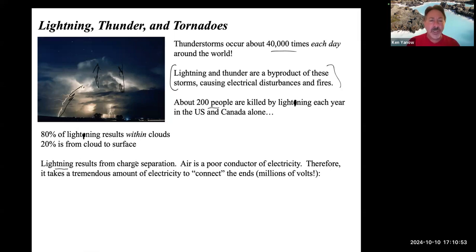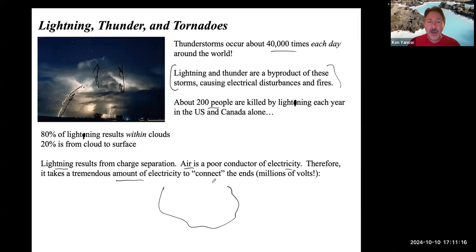Well, lightning is a result of charge separation. As it turns out, air is a really poor conductor of electricity. Therefore, in order to even have lightning where you're actually closing the gap, it takes a tremendous amount of electricity to connect the ends. And we're talking about millions of volts.